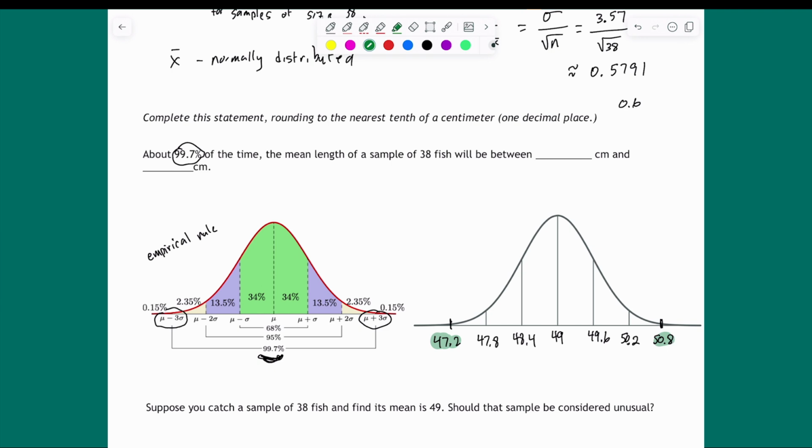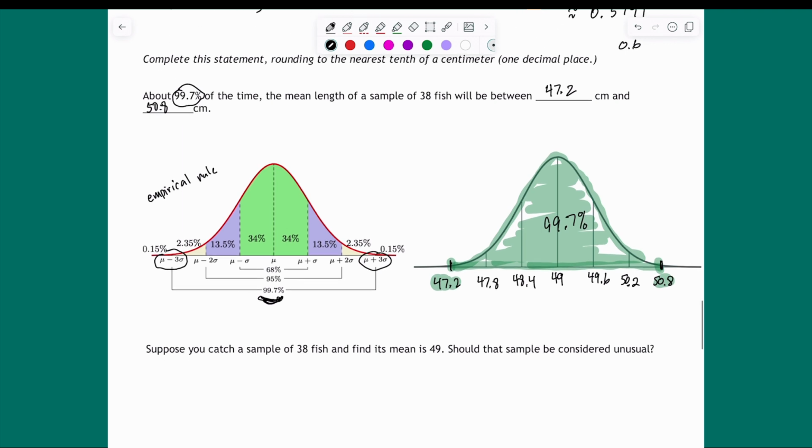By the empirical rule, for all values between there and there, we would expect about 99.7%. So to complete the statement: about 99.7% of the time, the mean length of a sample of 38 fish will be between 47.2 centimeters and 50.8 centimeters.